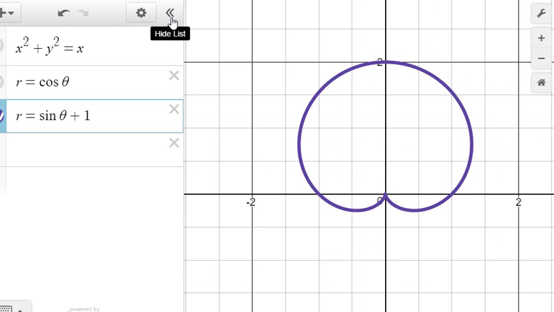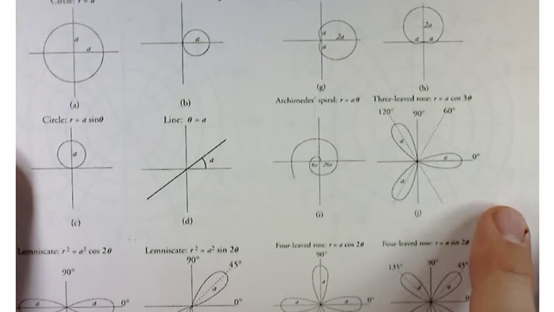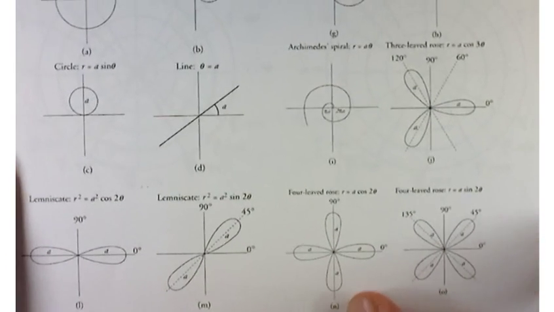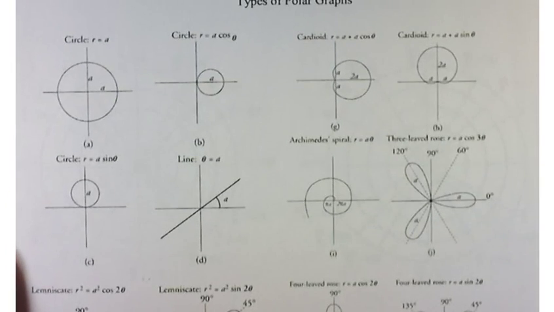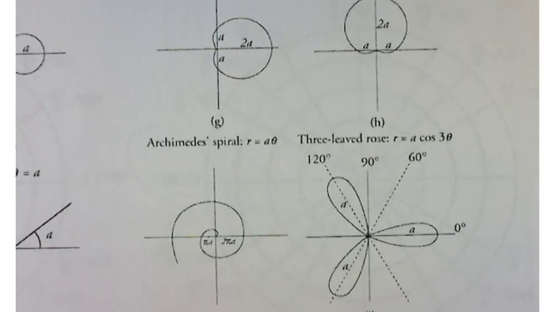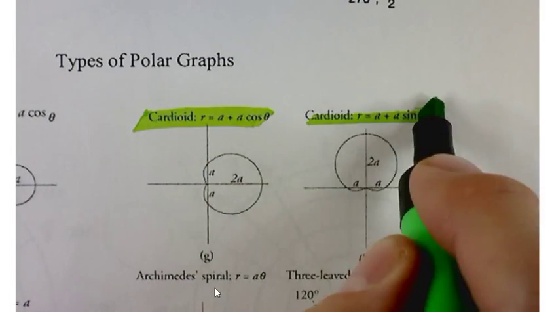Does everyone have this sheet? So let's take out this sheet and start getting familiar with some other types of graphs. In particular, a couple that I want to highlight would be your cardioids, here and here.